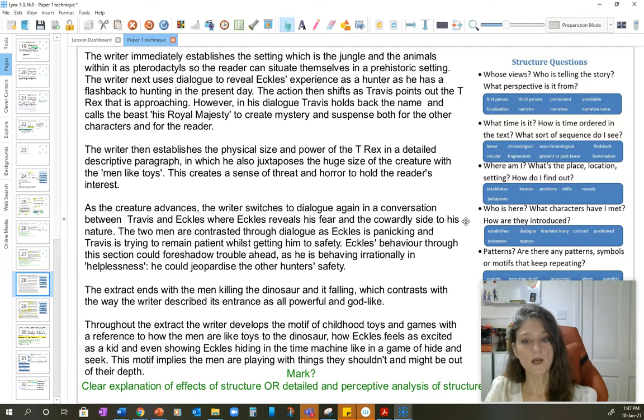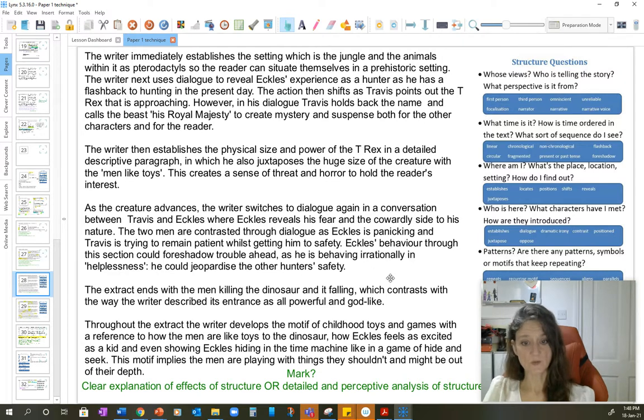The two men are contrasted through dialogue, as Eccles is panicking and Travis is trying to remain patient whilst getting him to safety. Eccles' behaviour through this section could foreshadow trouble ahead, as he is behaving irrationally in helplessness. He could jeopardise the other hunter's safety.